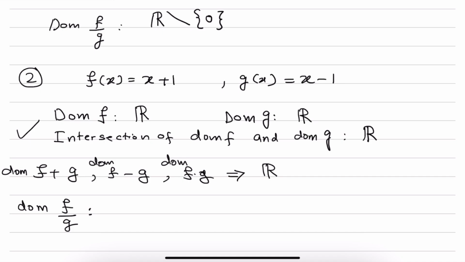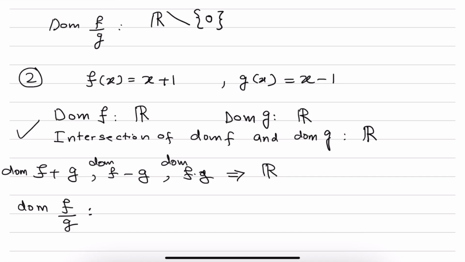So we know that it's the intersection of the domain of f and domain of g, and from this intersection we have to exclude that x that is making g 0, because then it will generate a 0 in the denominator, and 0 in denominator is not allowed.